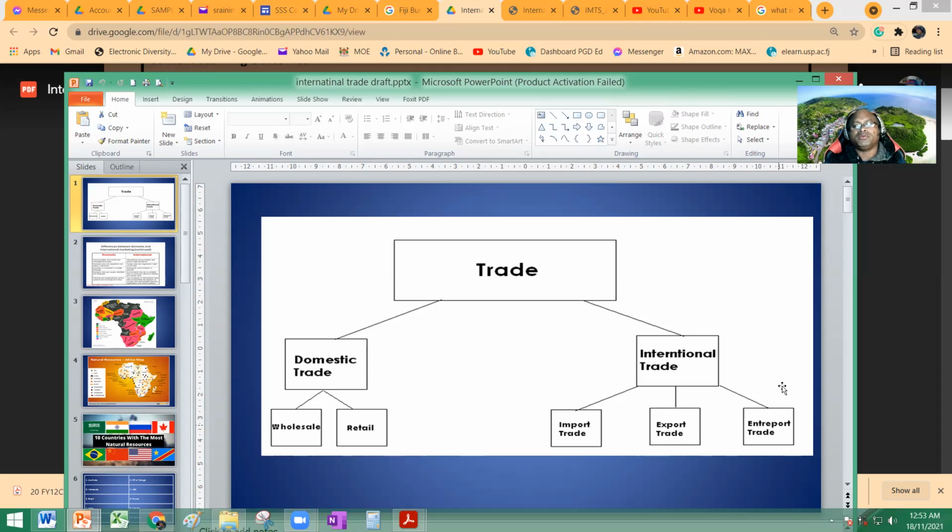This one is a kind of buying from overseas and then selling it again without using it. Just buying, it sits there in the warehouse, the airport or wharf, and then out it goes again. Re-export is another word for that.